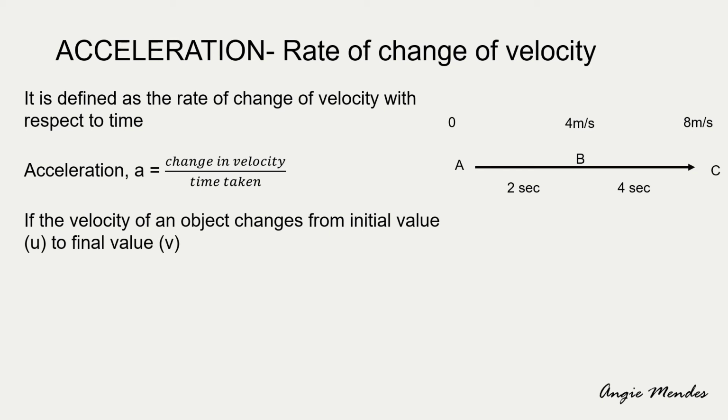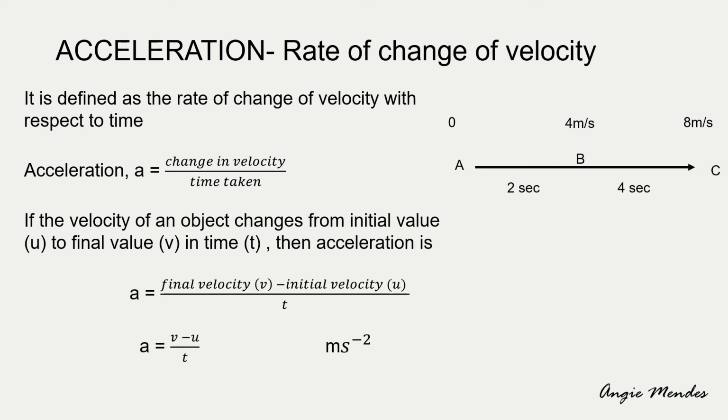Now if the velocity of an object changes from the initial value u to final value v in time t, then acceleration is expressed as a is equal to final velocity v minus the initial velocity u upon t. So the expression becomes a is equal to (v minus u) upon t. The SI unit of acceleration is meter per second square.